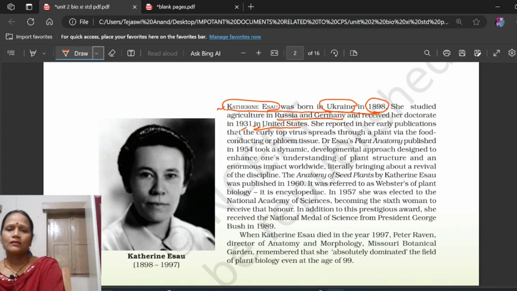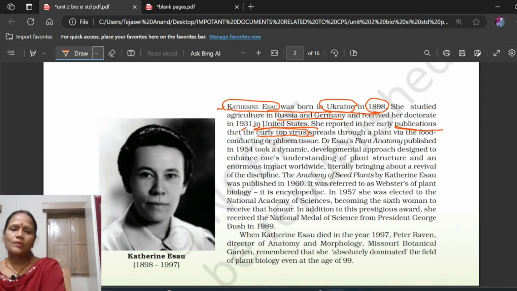She reported in her early publications, when some students also become scientists, then they have publications, and then they will understand how their research paper will be published. Curly top virus.